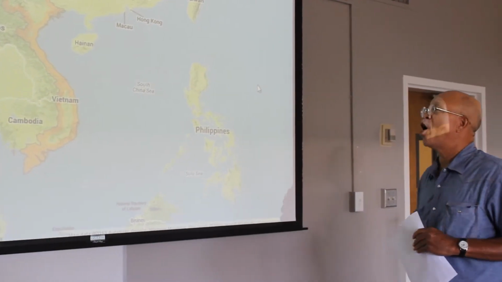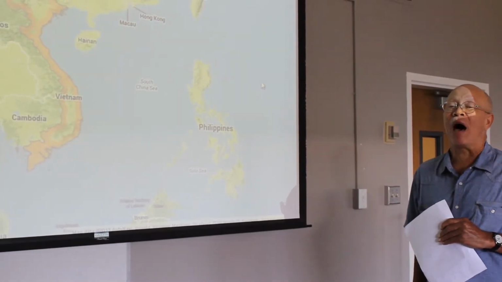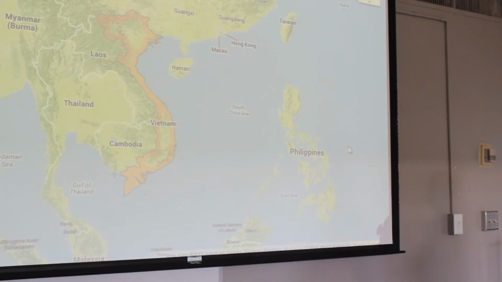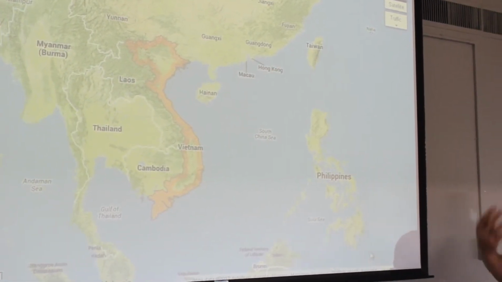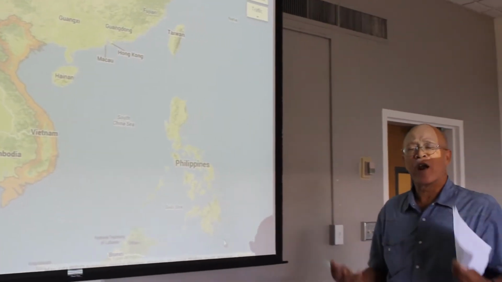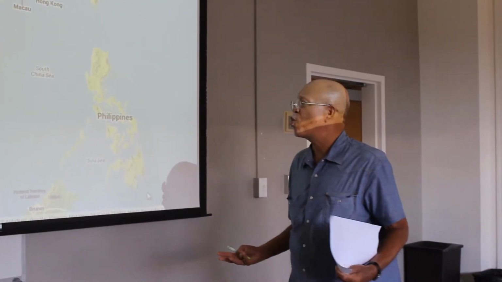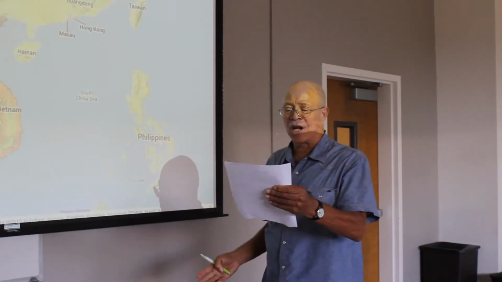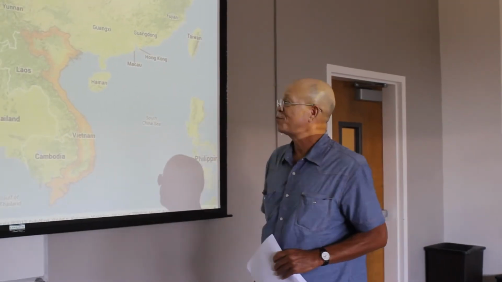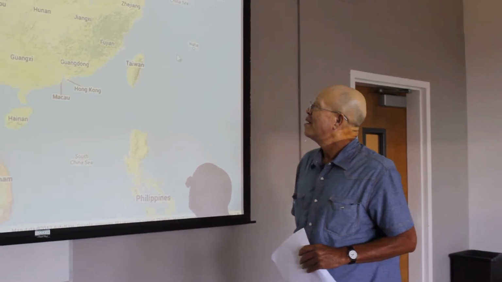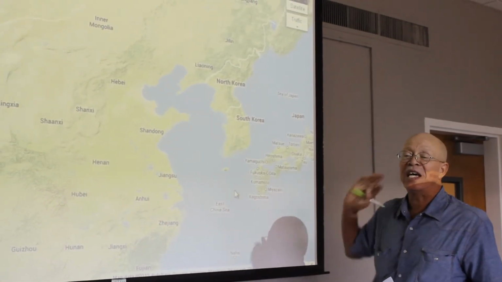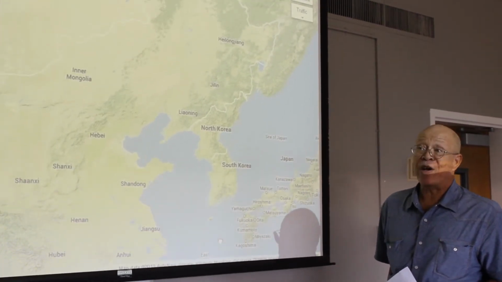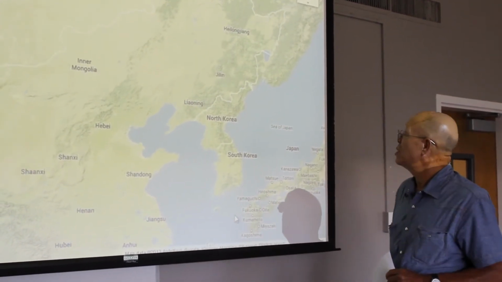The next item on our list of learning about the locations of places in Asia, and I think it's very important that we get a mental map in our minds of where places in the world are. And so with that in mind, the next location will be Korea. The United States became very much involved with Korea in the period after World War II.